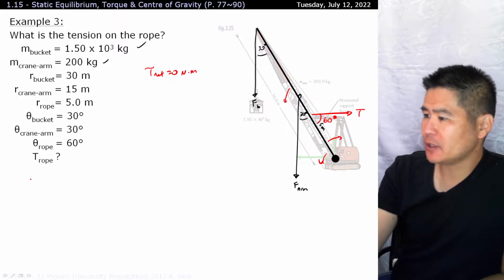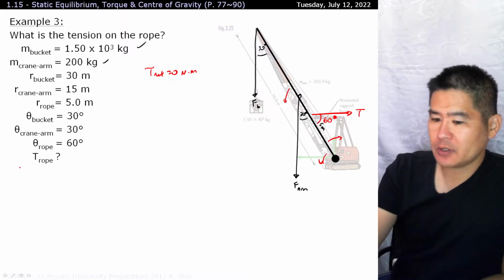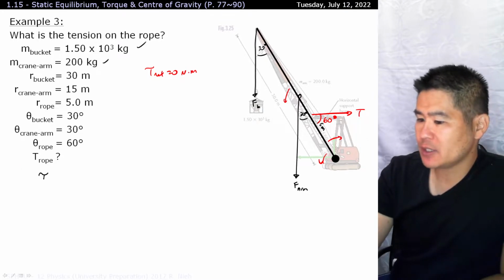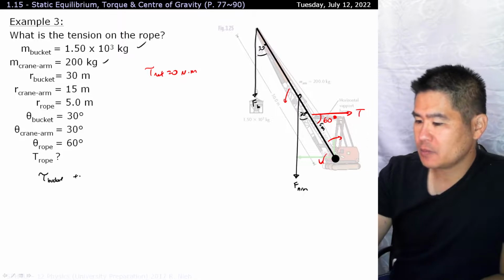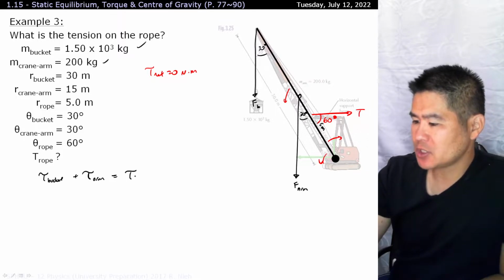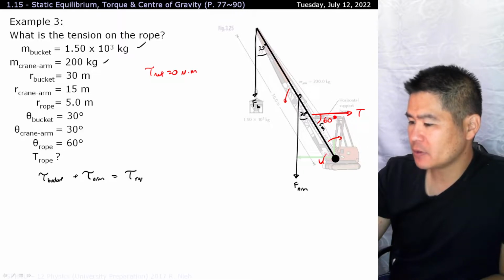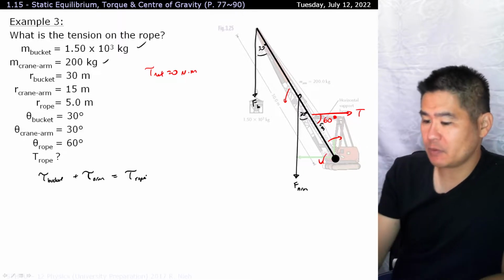It's going to be a really long equation, so I'm going to change to black just so it's easier to read. So the torque of the bucket plus the torque of the arm must be equal to the torque that's exerted by the rope, and eventually we'll find out the force of the rope.